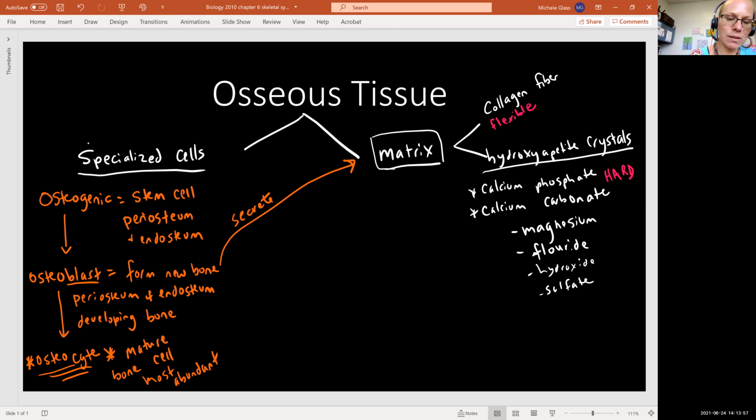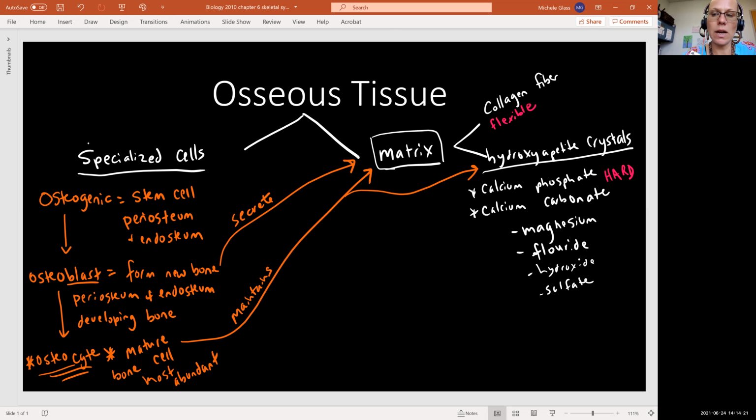Its job is going to be to maintain matrix. I'm going to draw another arrow to show the osteocyte is maintaining that matrix, specifically that mineral composition, so let's take an arrow over to the hydroxyapatite crystals. Remember that the osteocytes are located in those little packets called lacunae, which is the space for that cell inside that bony matrix.